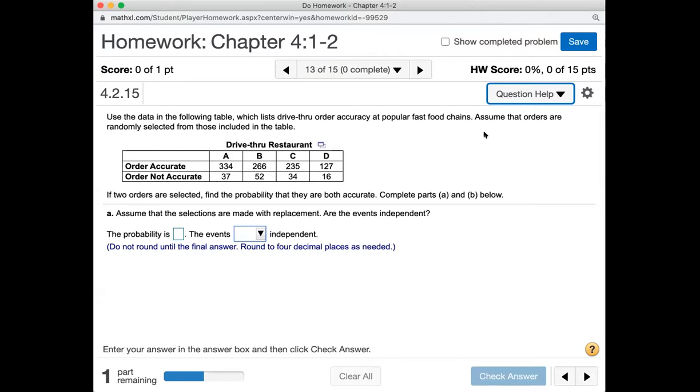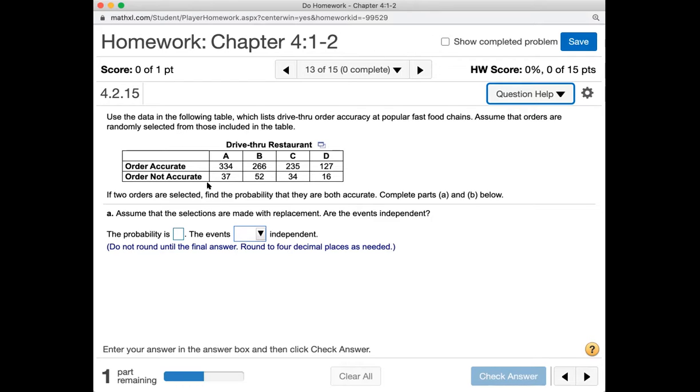All right. So now we need to figure out the probability that the order we select randomly is accurate, right? So we figure out the total number of orders, and also the total number of accurate orders.